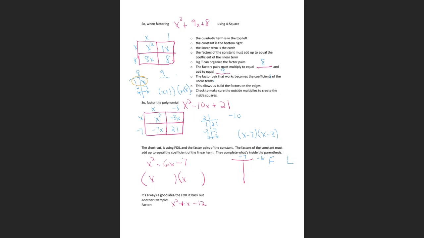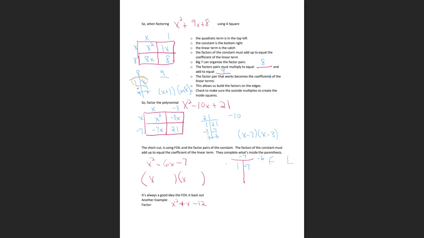So what we pick up on then is the factors of 7 would be 1 and 7, and that's actually it. But to get this negative 6, one of these is going to have to be negative, because we still need to maintain this negative 7 up here.